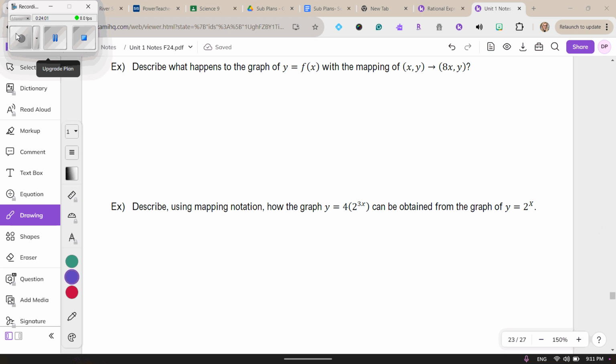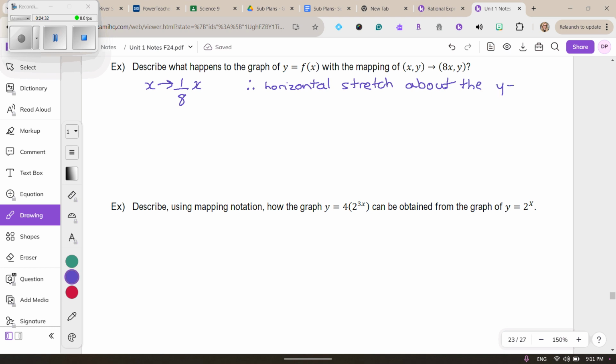So to get 8x as our mapping notation, we know that our original equation would be substituted with 1 over 8x. And this tells us that we have a horizontal stretch about the y-axis.